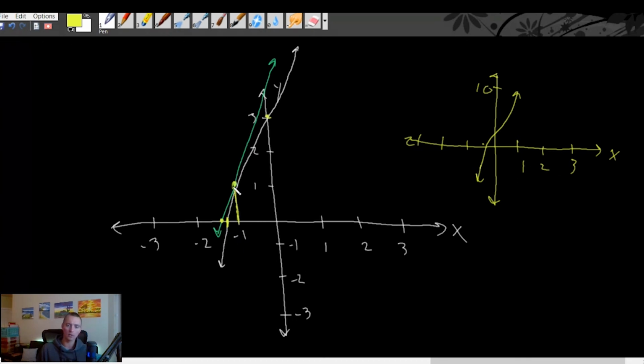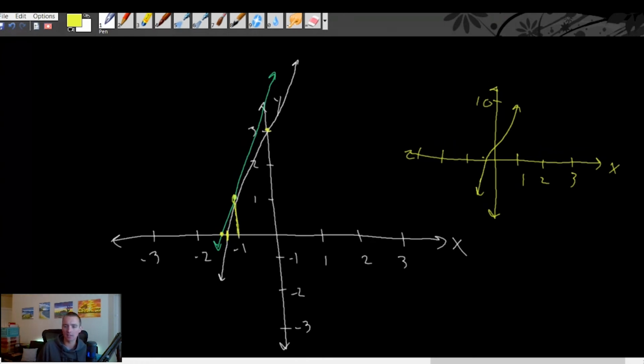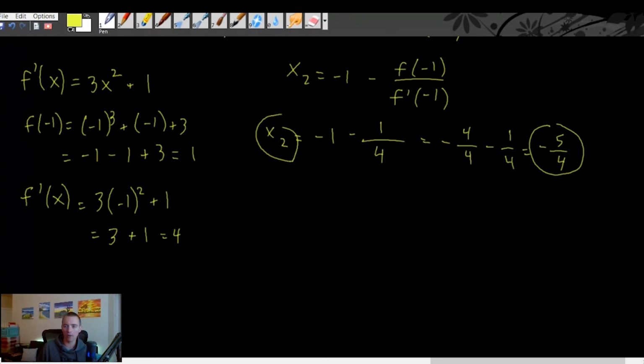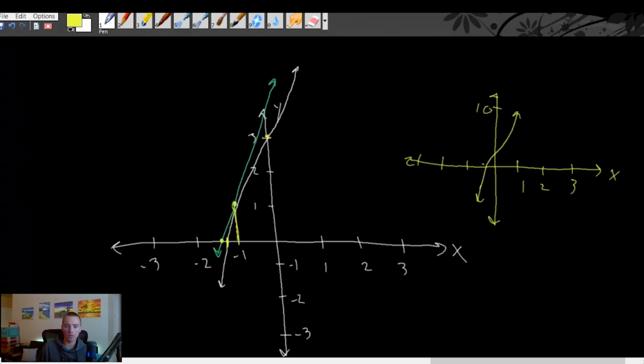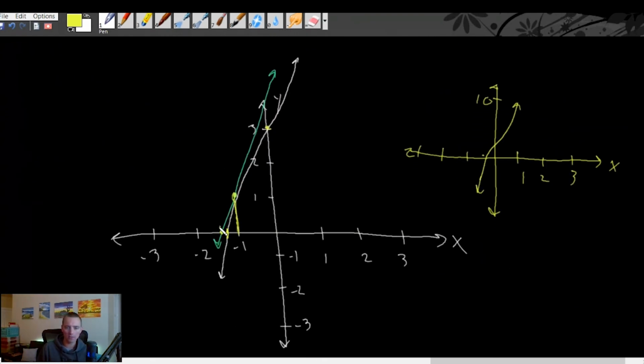So basically, if we look at this tangent line here, it intersects with the x-axis at the second estimate we got, which was -5/4. So we can see that this intersection right here of this green tangent line with our white x-axis is -5/4.